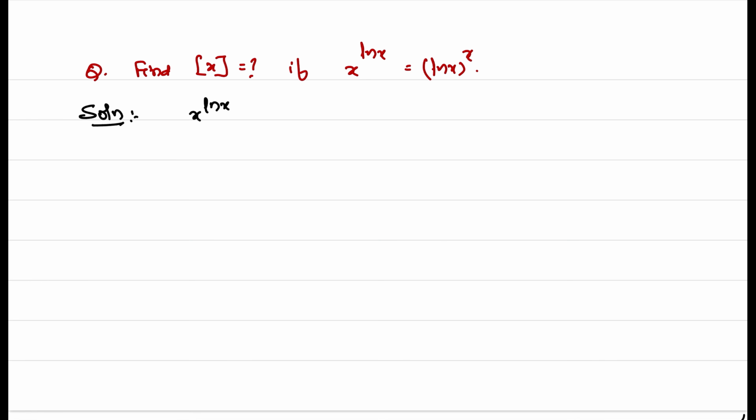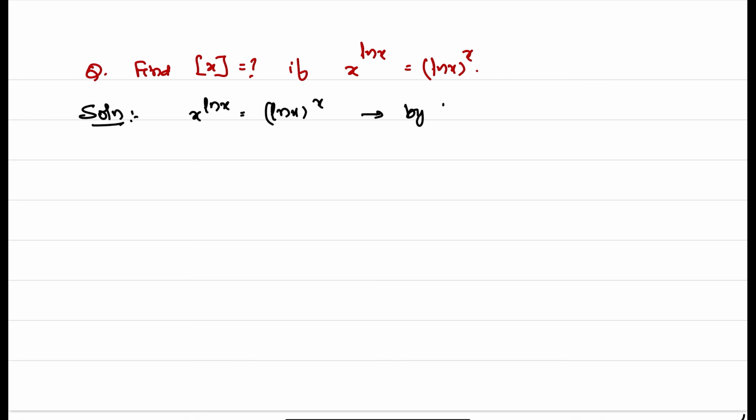Question is, find the greatest integer x value if x to the power of ln x is equal to ln x to the power of x. We will get the solution as below. We will use the logarithmic properties. The given equation is x to the power of ln x is equal to ln x to the power of x.